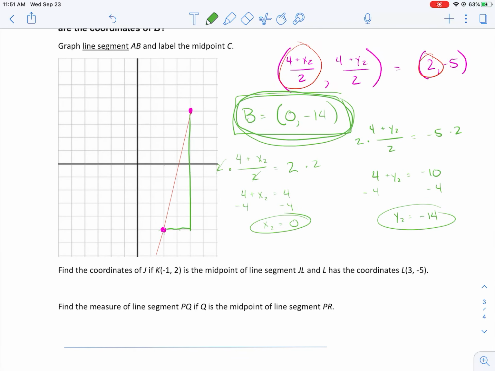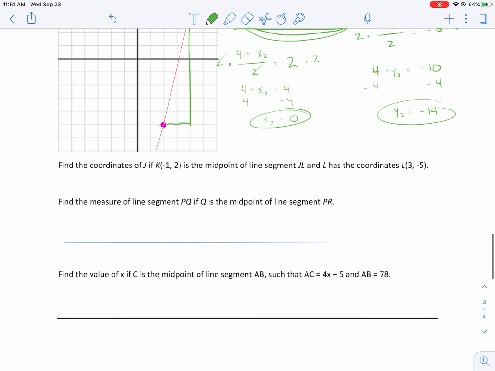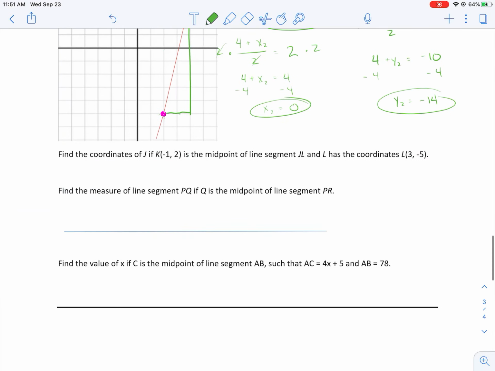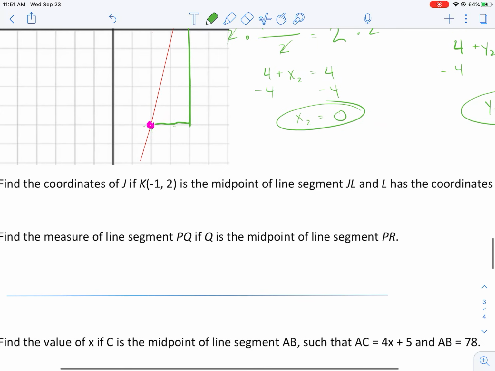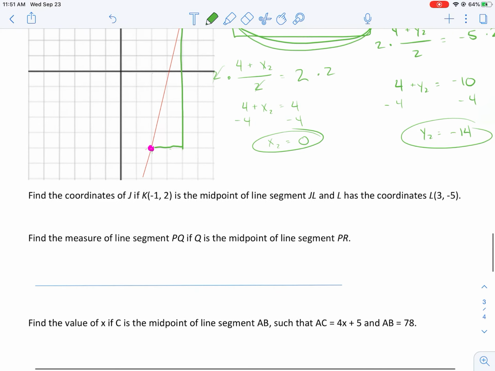Find the coordinates of J if K is the midpoint of line segment JL, and L has coordinates (3, -5). Okay, so in order to solve this one, we do the same process.